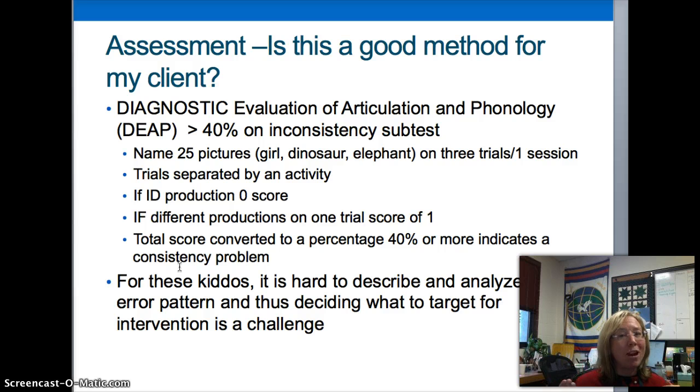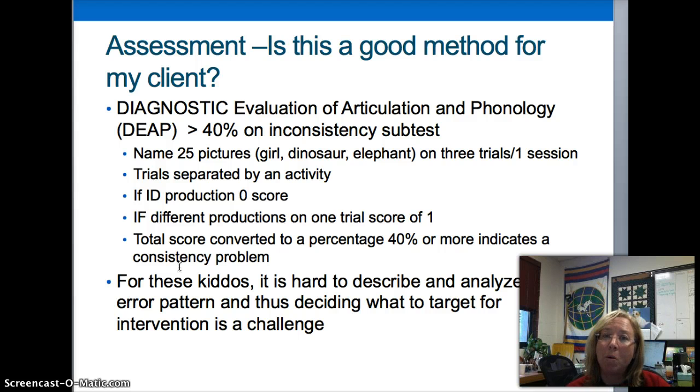A score greater than 40% means that greater than 40% of their productions are inconsistent. And that's a hallmark that this type of therapy, this core vocabulary approach, might be a good approach for that child.